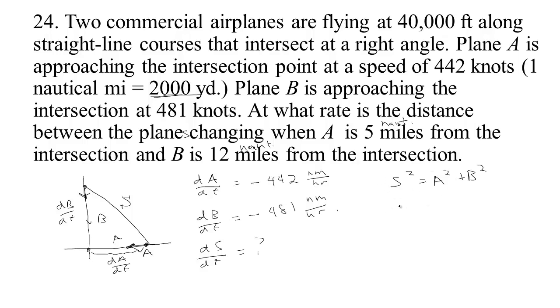Now what we're going to do is differentiate both sides with respect to t, so we get 2s dS/dt equals 2a dA/dt plus 2b dB/dt. Okay, so now we can figure out what dS/dt is because we know these numbers. We know at this particular instant what a and b are, and if you know a and b at a particular instant, then you can find s, right?